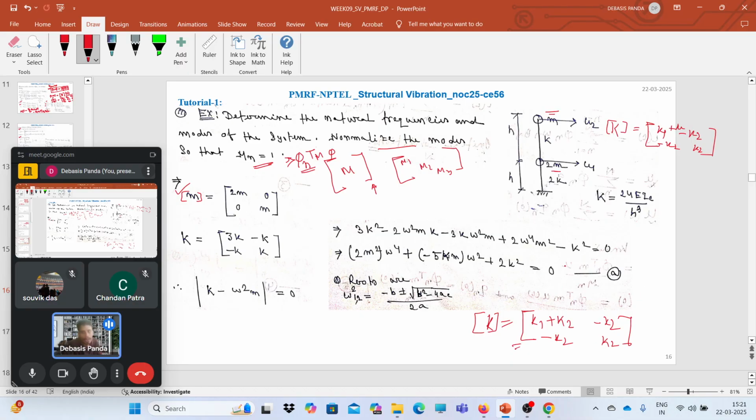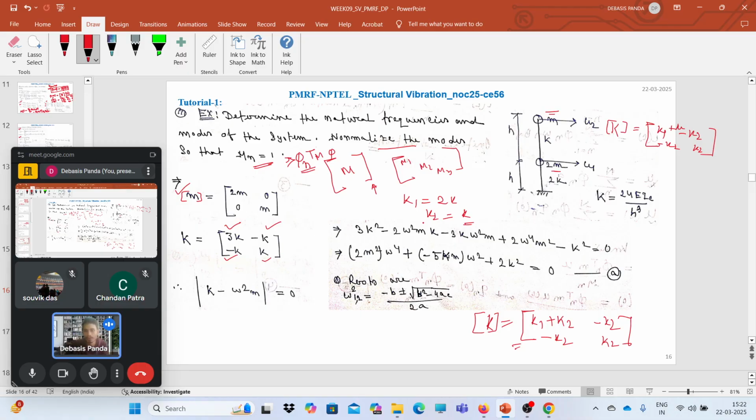Now we have the K values. K1 is given as 2K and K2 is given as K. So K1 plus K2 becomes 3K, minus K2, that means minus K, minus K, K. So we have formulated the stiffness matrix also.